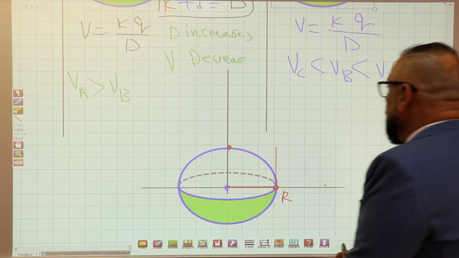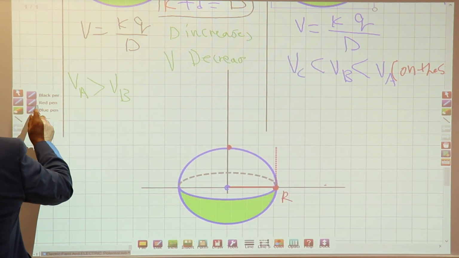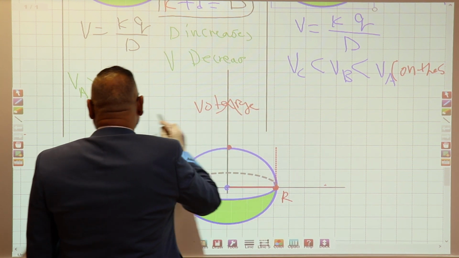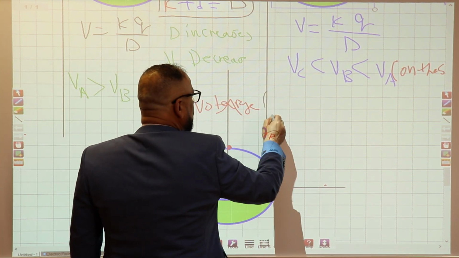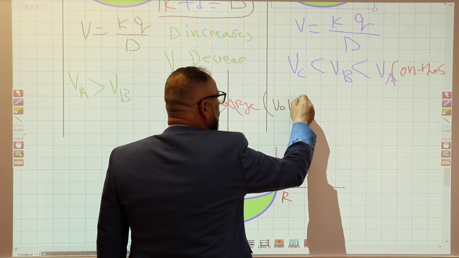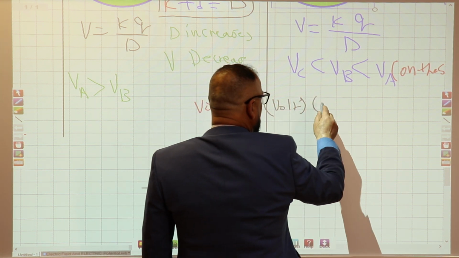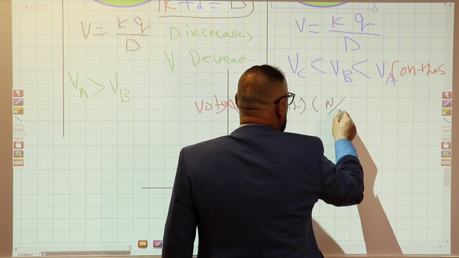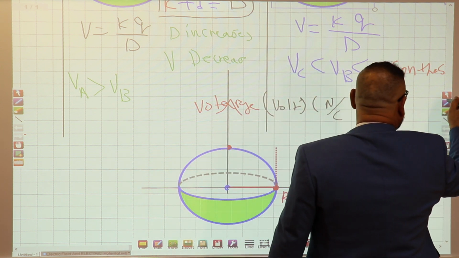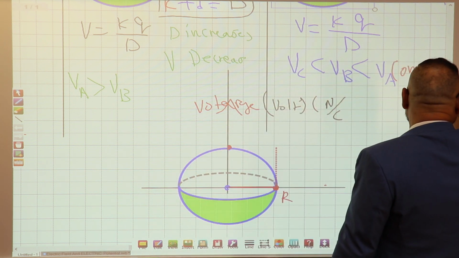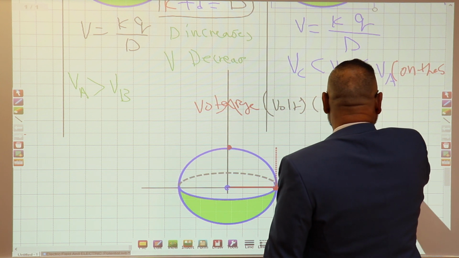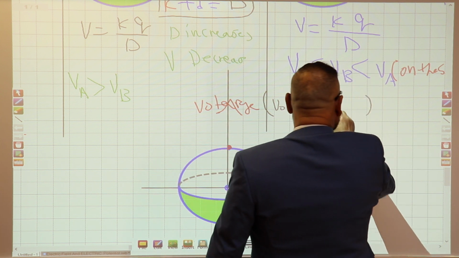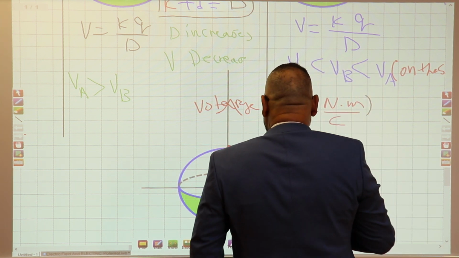Now this y-axis stands for the voltage, and the unit for the voltage is the volt, or Newton meter per coulomb.